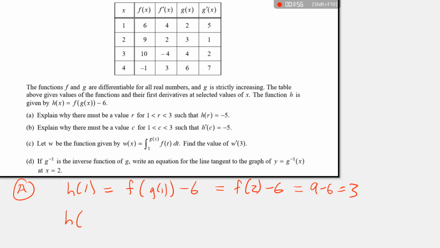So I'm going to do the same thing for 3. I'm going to have you kind of help me out with it this time. So this is f of g at 3 minus 6. Okay, so using my table, what's g at 3? 4. What's f at 4?